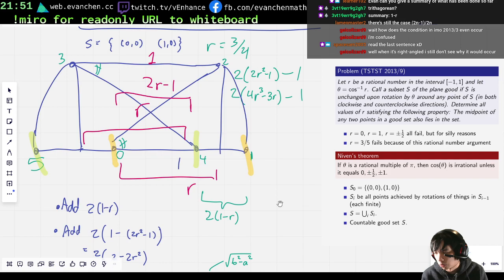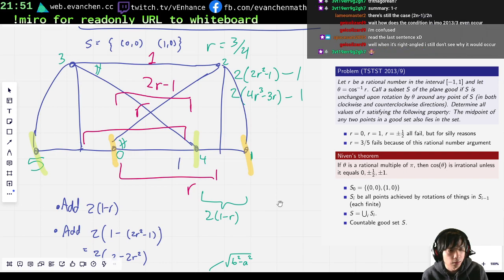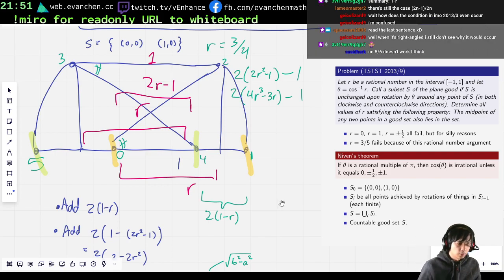We know r equals 3/4 works. R equals 5/6 is apparently questionable. You can move by 2/3. Five, 6. No, you can move by 1/3.